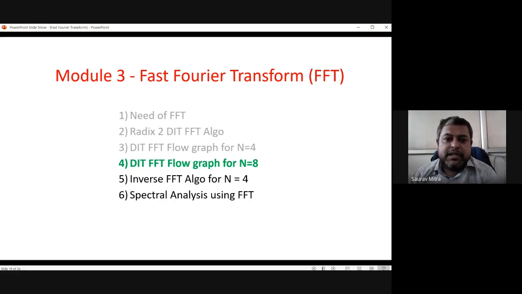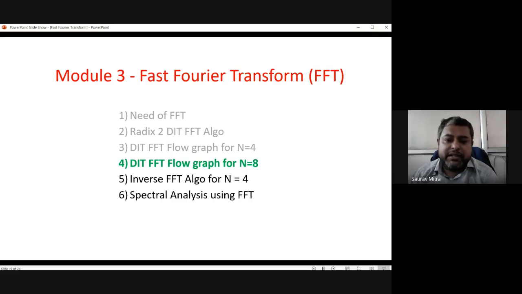So far we have seen the need of FFT, the FFT algorithm, what is meant by radix 2 DIT FFT, and some numericals and theory of 4-point DIT FFT. Today's topic is mainly one more numerical on 4-point DIT FFT, and then we will see the largest or, as students say, most difficult part, that is the 8-point DIT FFT.